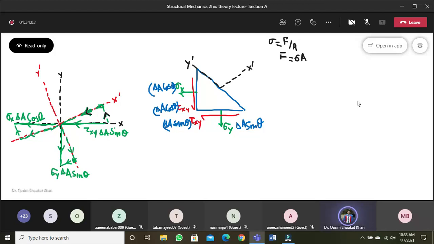So sigma x delta A cos theta, I have resolved it into its components about the x dash axis and y dash axis. The last one remaining is tau xy delta A cos theta.